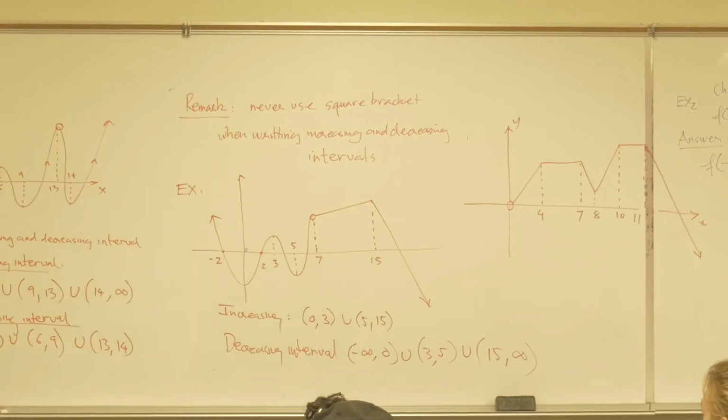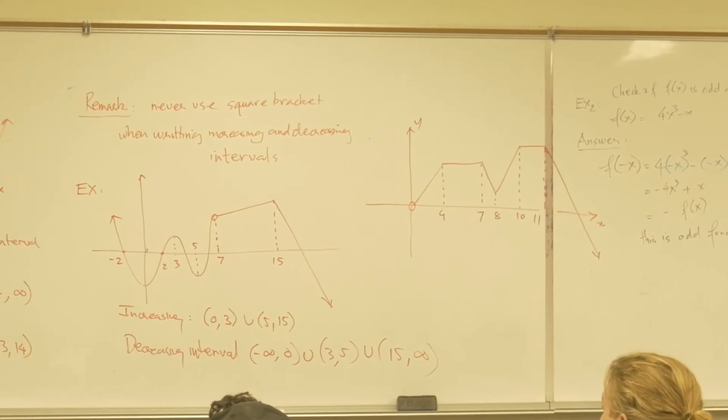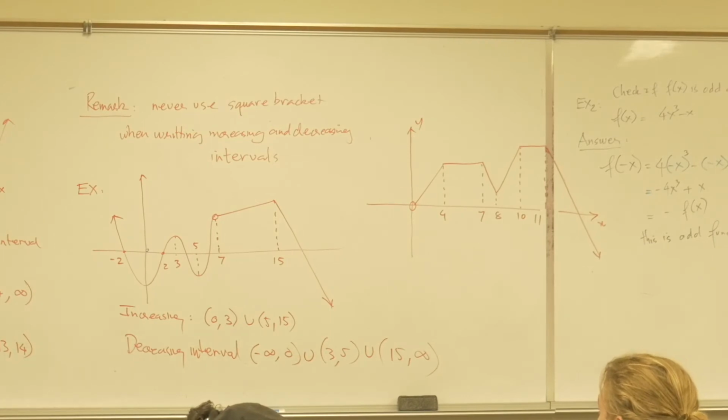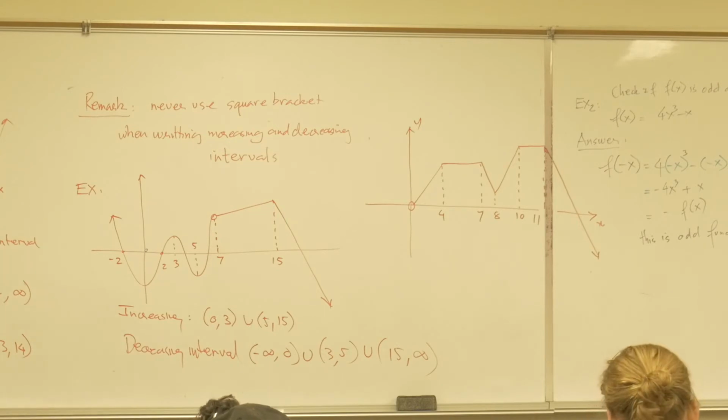Go ahead and discuss the second example. Even though it's going down, when there's an arrow, it doesn't mean it keeps going down. If we talk about the domain, yes, we don't want to include that in the domain. But this is increasing and decreasing.